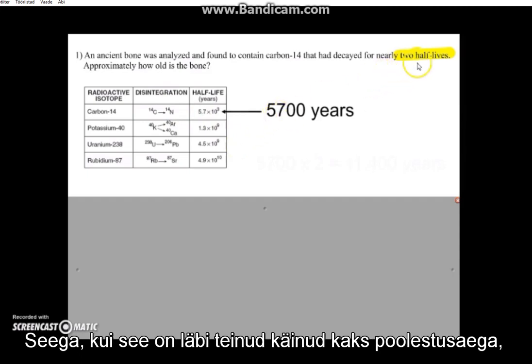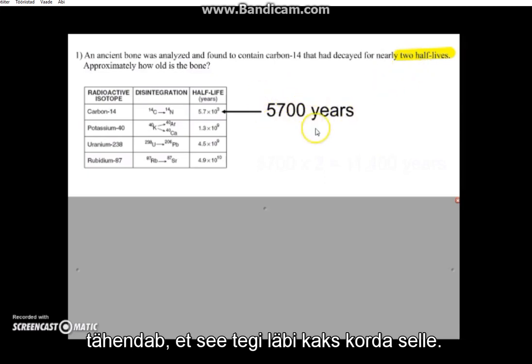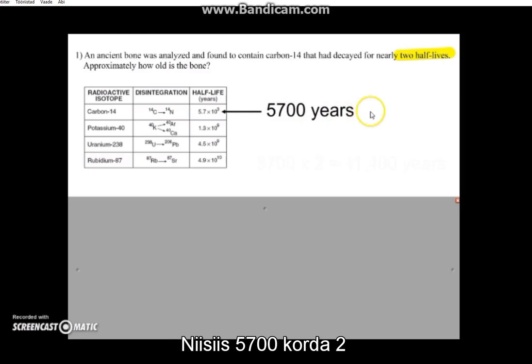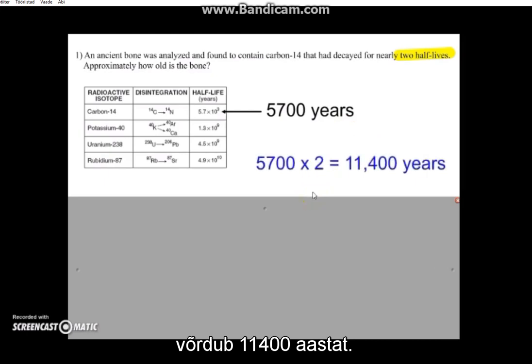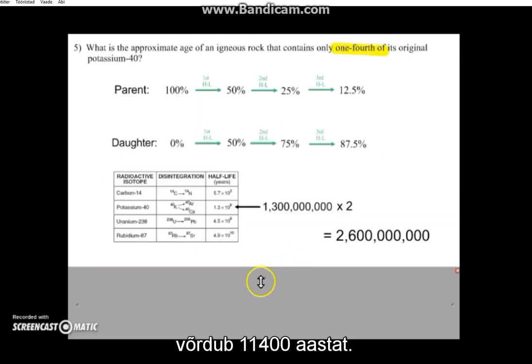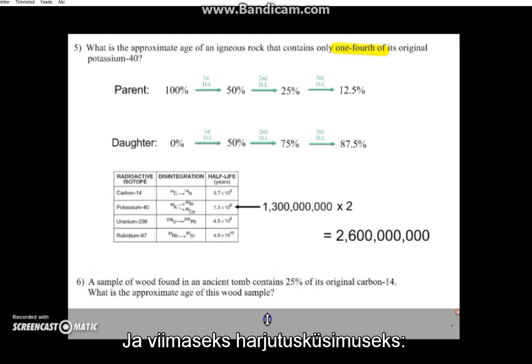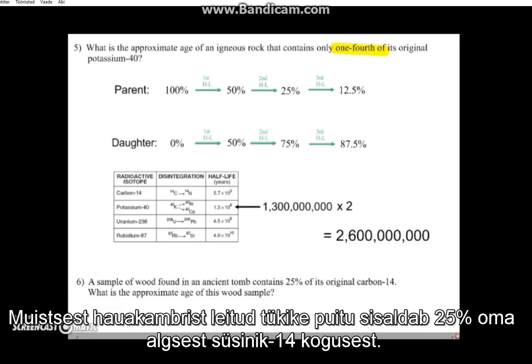So if it has gone through 2 half-lives, it means it went through that 2 times. So 5,700 times 2 is going to equal 11,400 years.